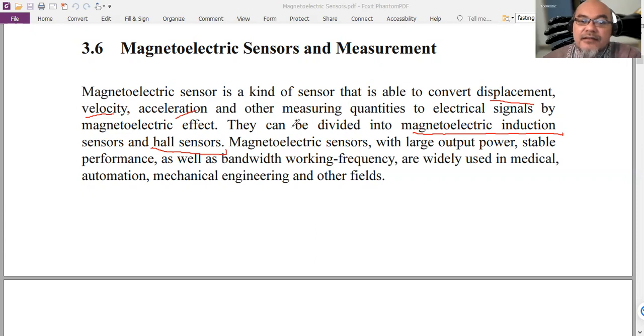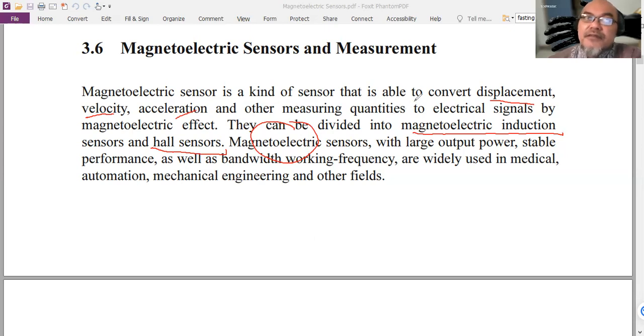These are used quite widely in the biomedical field, especially in MRI, magnetic resonance imaging. The use of magnetoelectric sensors is quite prevalent, as well as other sensors which require the use of magnetic field.